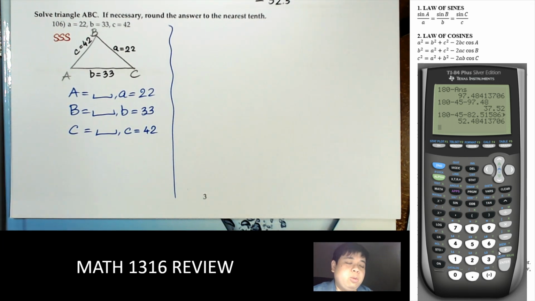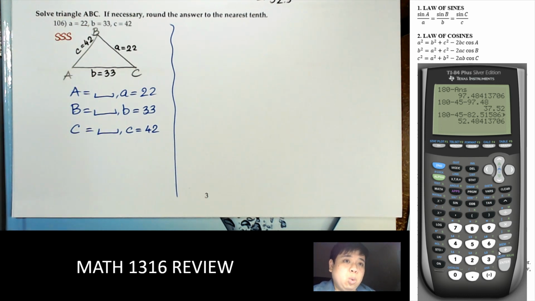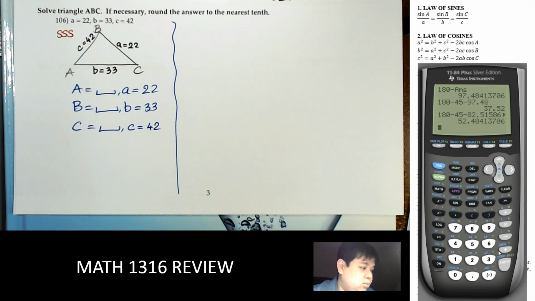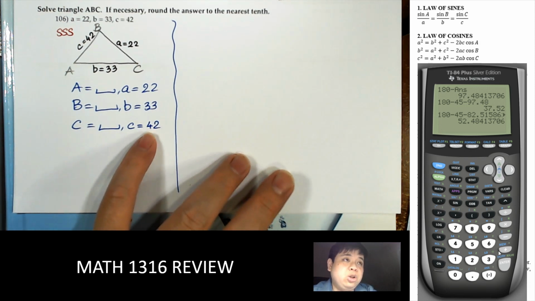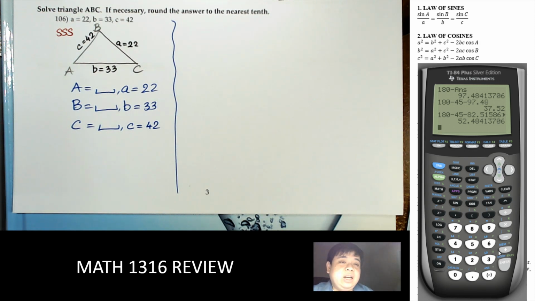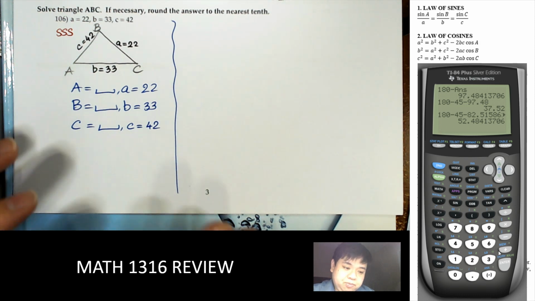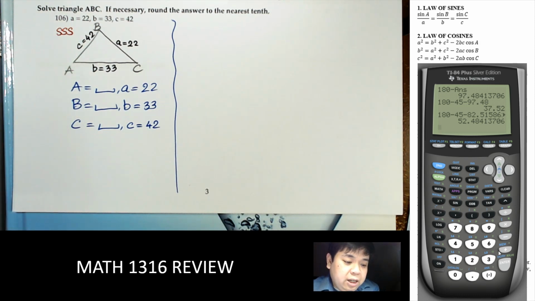So we have to use law of cosine. The question is which one we do here. Usually with the law of cosine, we're going to keep the one with the biggest angle, which is going to be C. So we're going to use C. Because of that, later on, if we have to use the law of sine to find an angle, we don't have to worry about the supplement or not, because C is going to be the biggest angle.